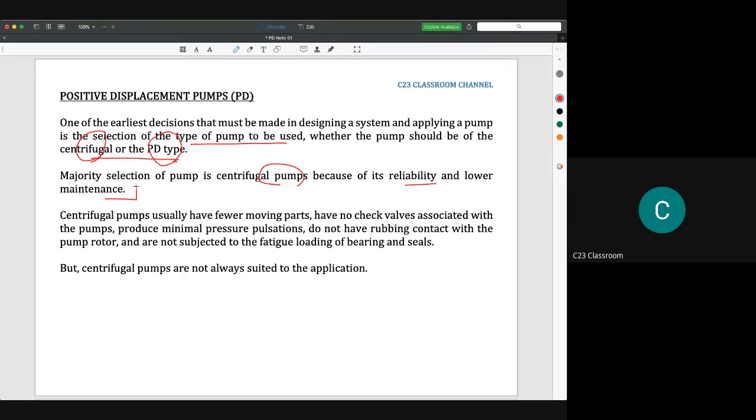You may find that the centrifugal pump is a very simple device. You just need a motor and you just need to create your own blade, whether it is radial, backward or forward, any kind of blade type. So you already know about the blade shapes, forward, backward, radial. Normally people just use radial because it's easy to fabricate.